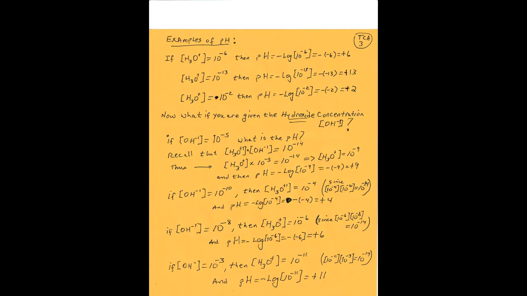So let's go to the next page, and I'm going to define pH, which has to do with the hydronium concentration. Here's the definition of pH that didn't come out on the last slide. pH is defined to be negative the log of the hydronium concentration, H3O plus.